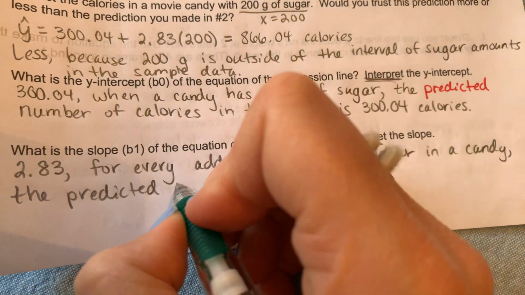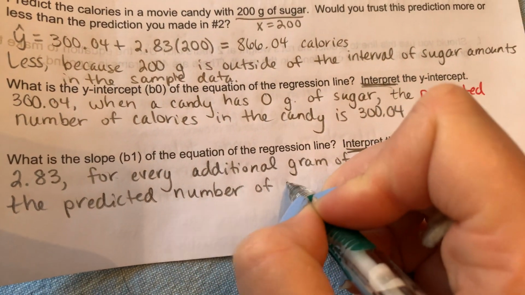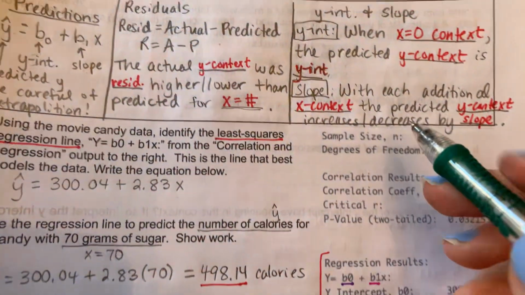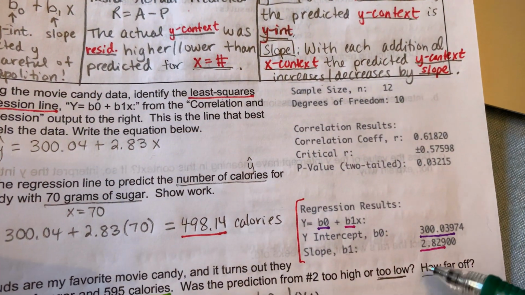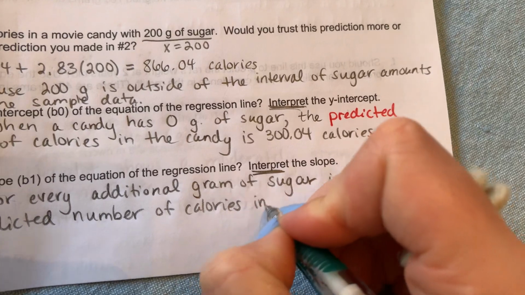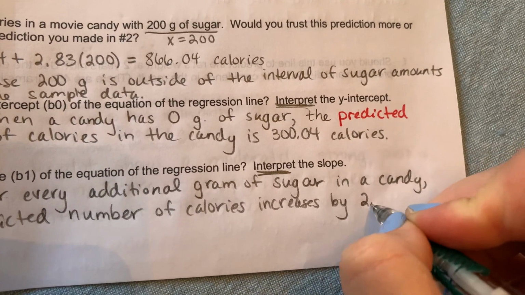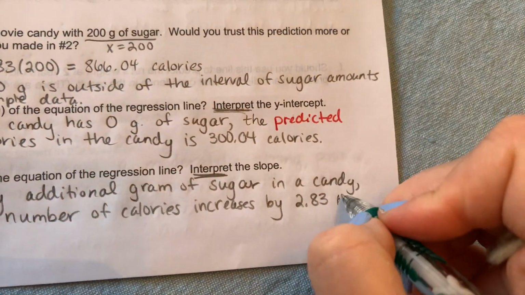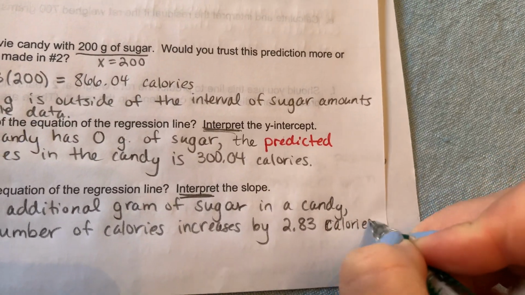It's calories, right? The predicted number of calories increases or decreases by the slope. Well, the slope in this case is a positive 2.83, so we're going to say increases. Increases by 2.83 calories. Can't stay still. All right, done.